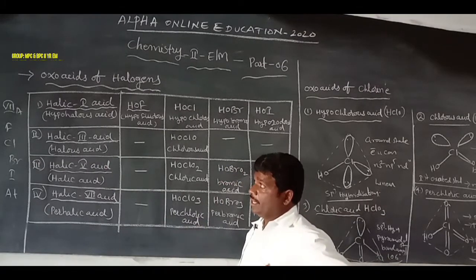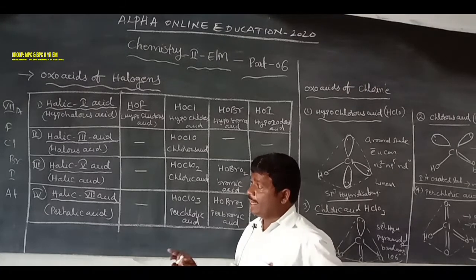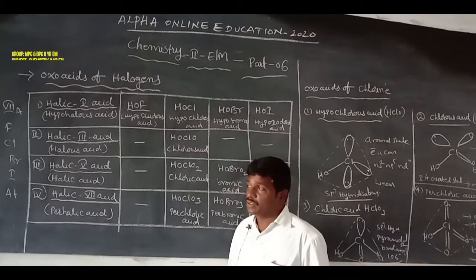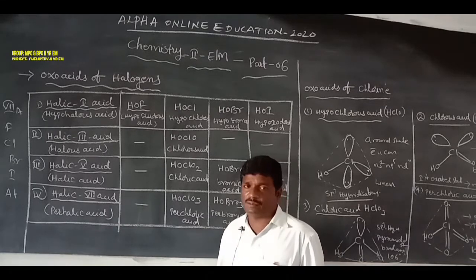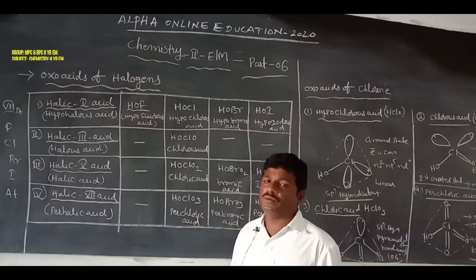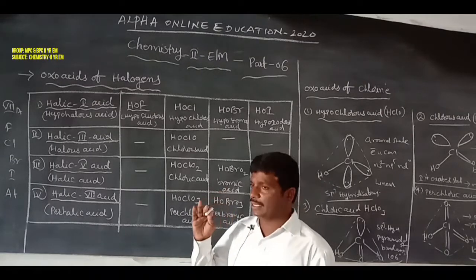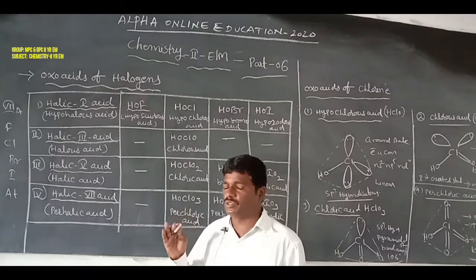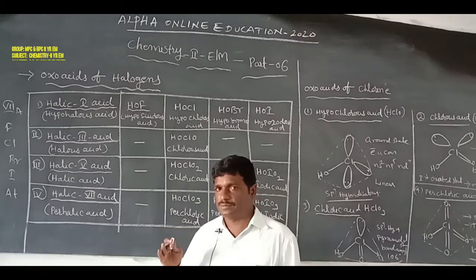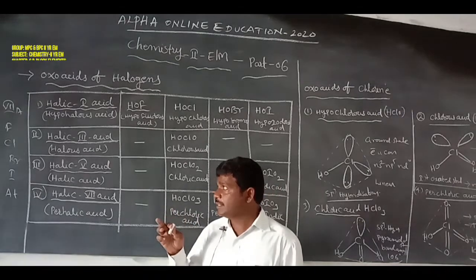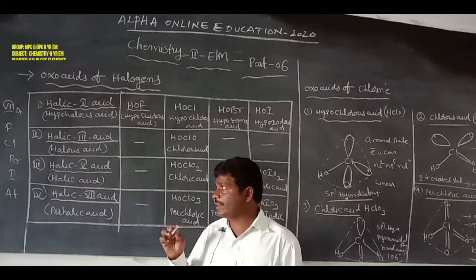Here are the fluorine oxides, chlorine oxides, bromine oxides, and iodine oxides. Those oxides dissolve in water to form oxo acids. The fluorine oxides are O2F2 or OF2. The remaining ones are chlorine, bromine, and iodine.